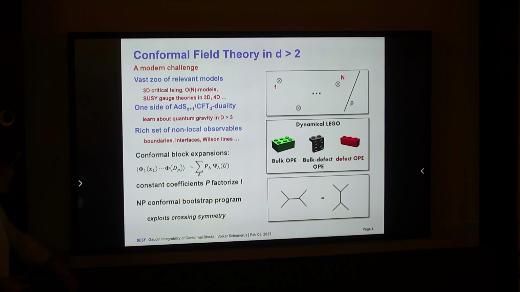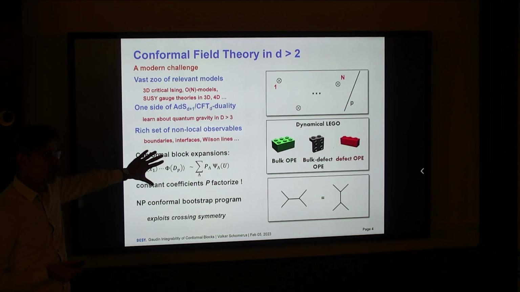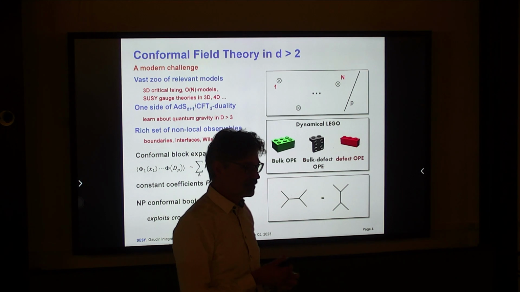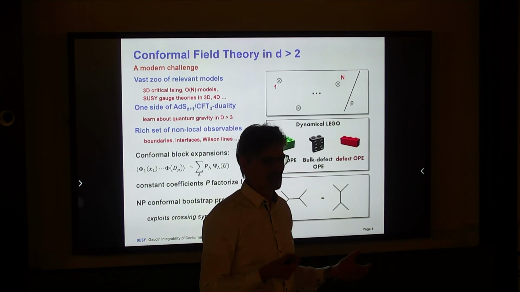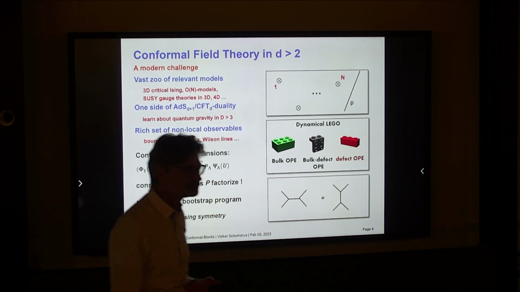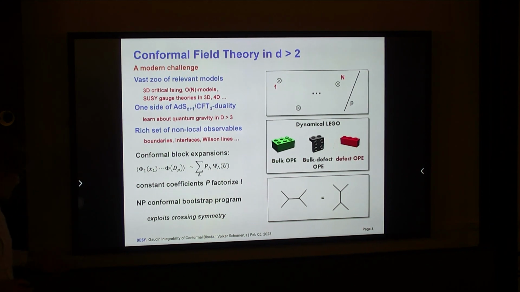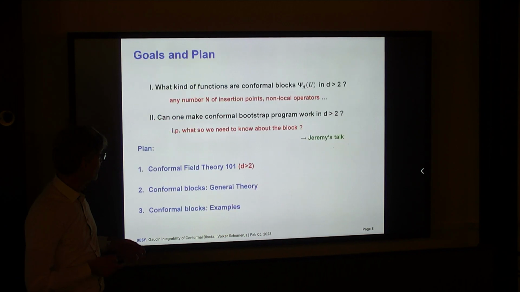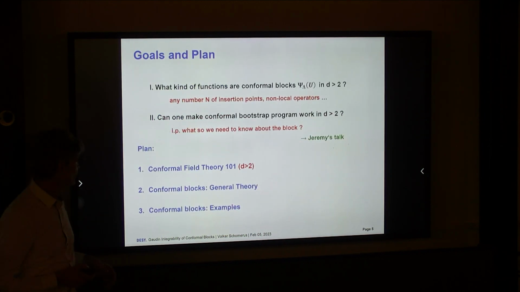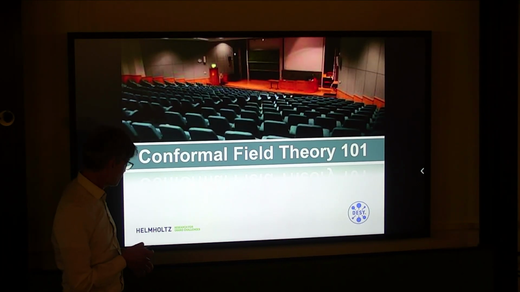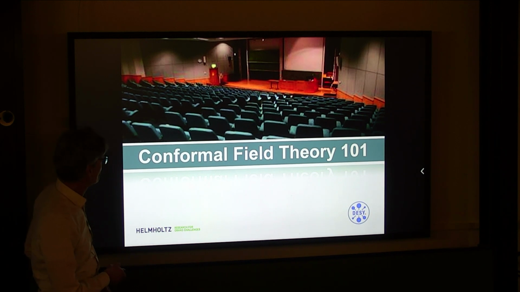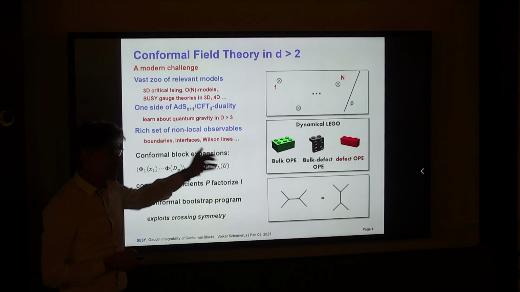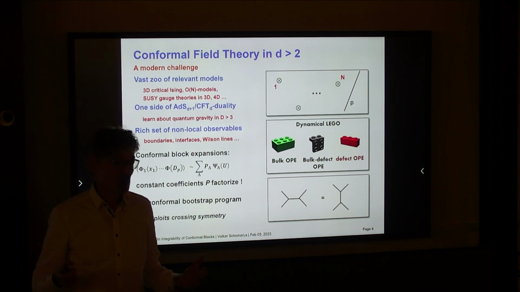So the question is, when you look at this, conformal partial wave expansions and also the bootstrap were not initially formulated for 2D CFT only, but they are there in any dimension. The question is, what are these conformal blocks?